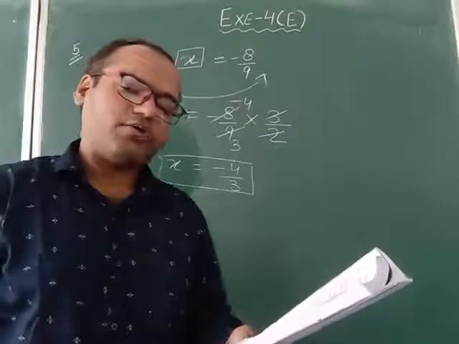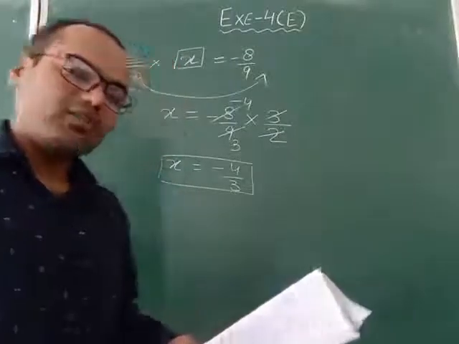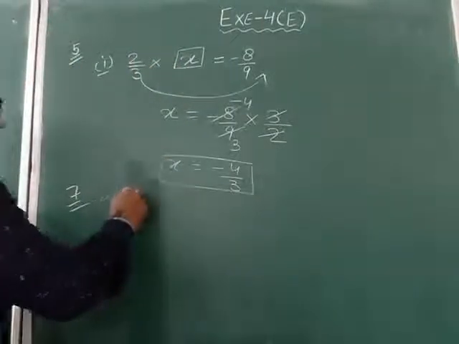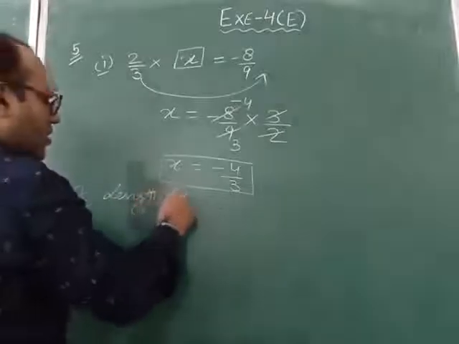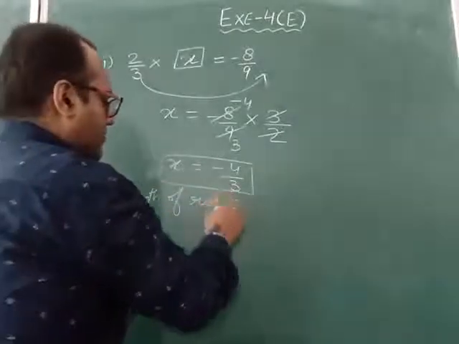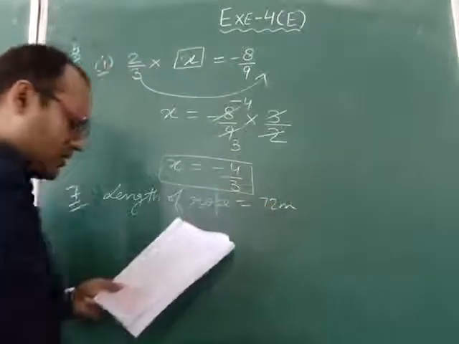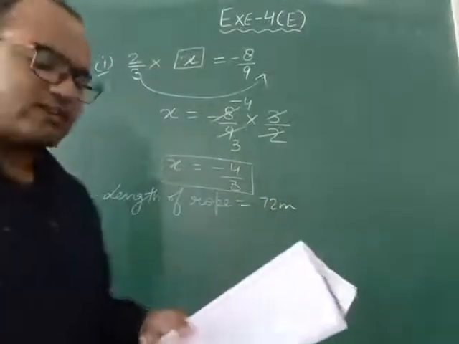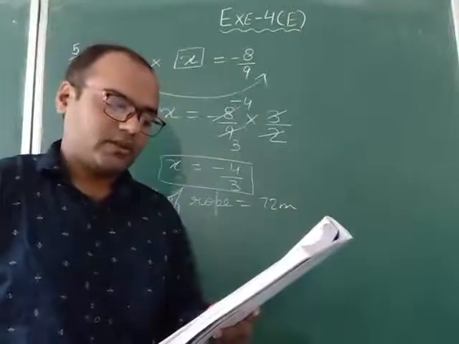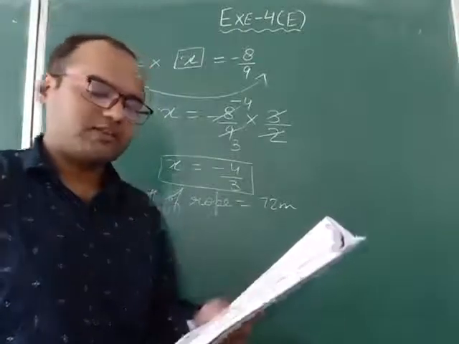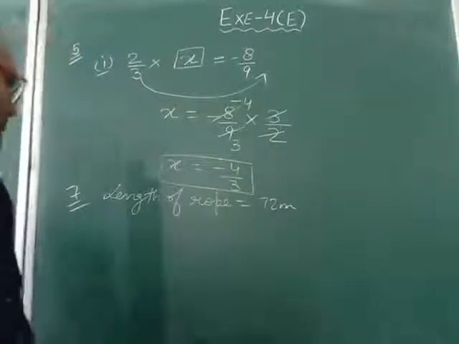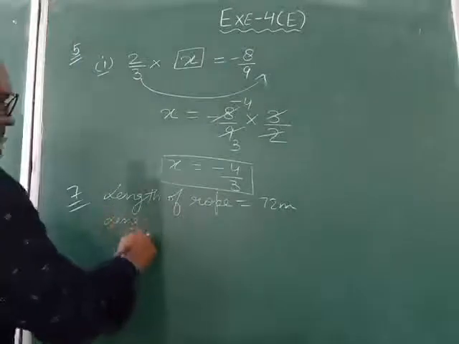From a 72 meter long rope, so the length of the rope is given, the length of the rope is 72 meter. Pieces of equal sizes are cut. The length of one piece is 2 whole 2 upon 5 meter. What is given here?